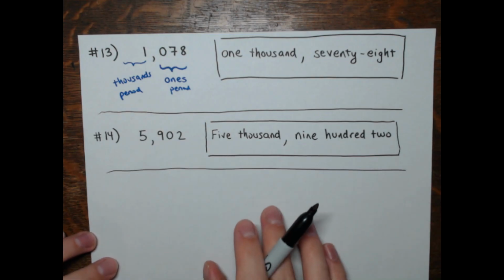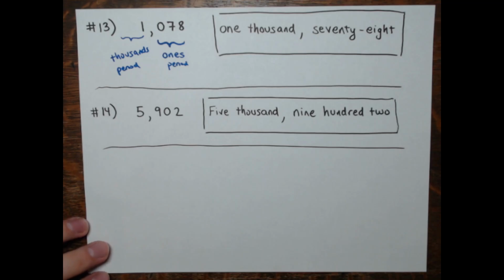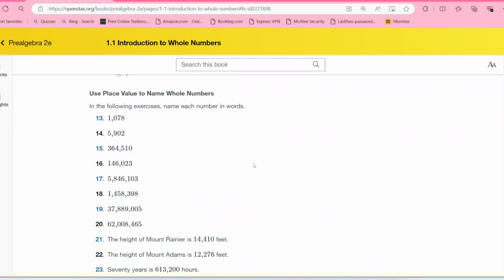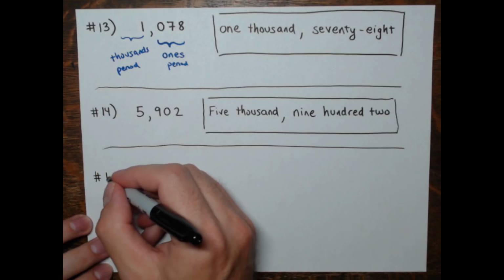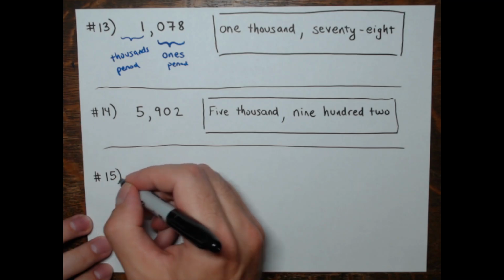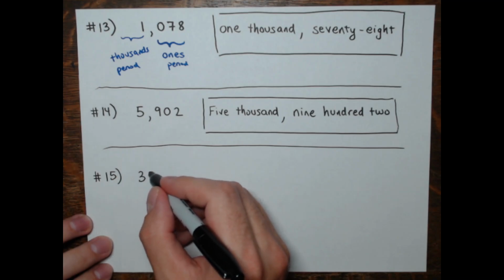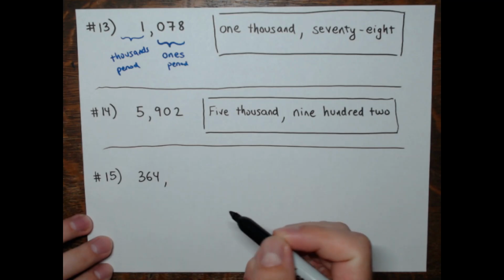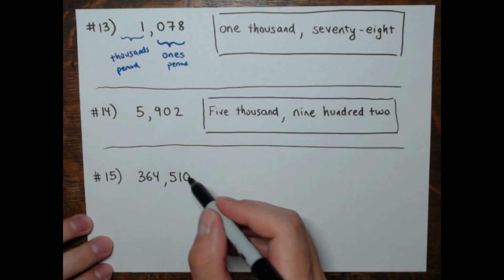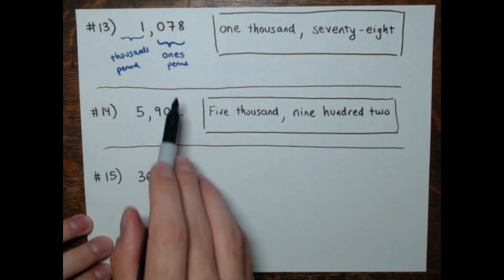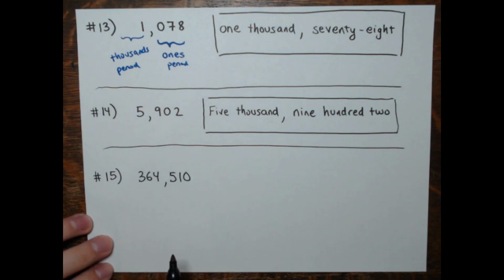I got lots of room on this page, so I'm just going to keep adding to it. All right, so number 15, which we can check, and I will, but we're given these digits. So we have 364, comma, 510. So again, still just the two periods, like in the first two problems, 13 and 14.